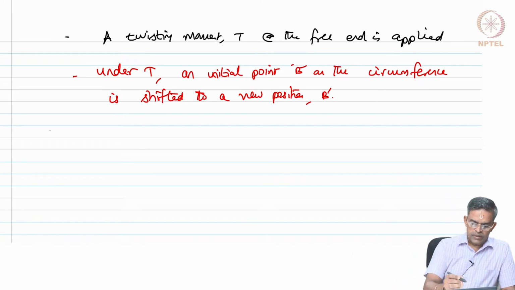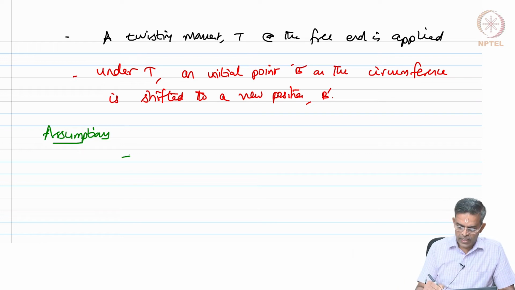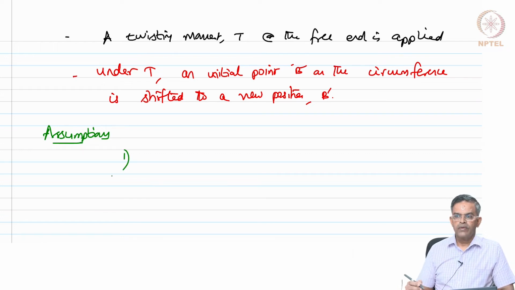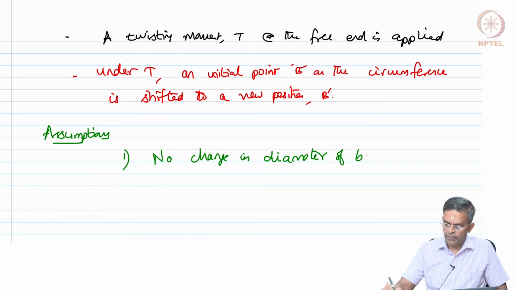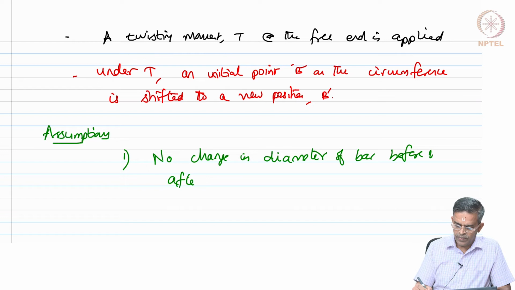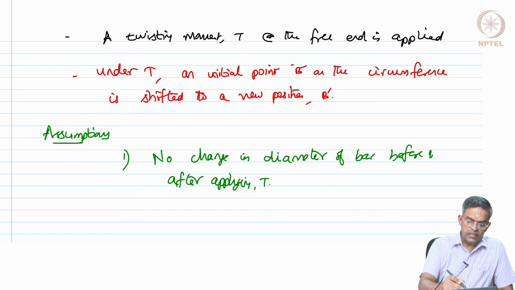Now, we make certain assumptions. We will say that there is no change in diameter of the bar before and after applying T. So, this imparts a very important condition.